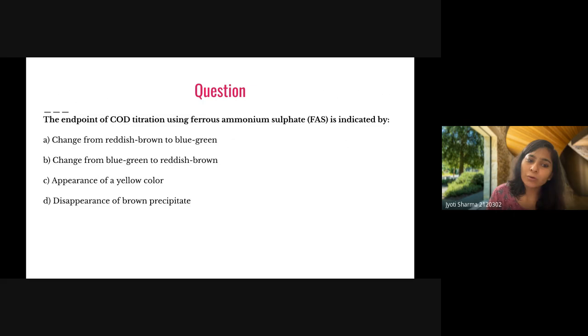Change from reddish brown to blue green, change from blue green to reddish brown, appearance of a yellow color, disappearance of brown precipitate. I think this is purely chemistry based, but okay. So this will change from blue green to reddish brown, and B is the right answer.